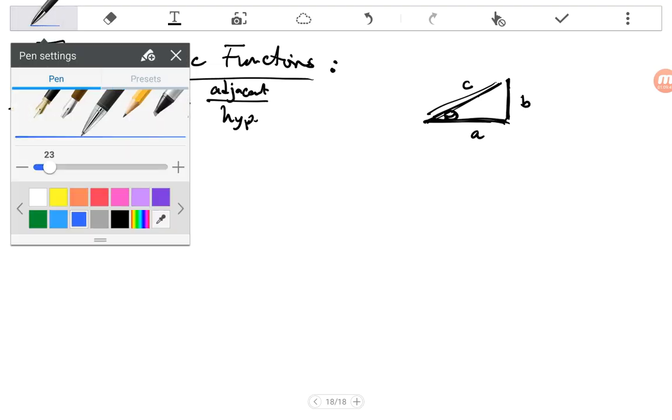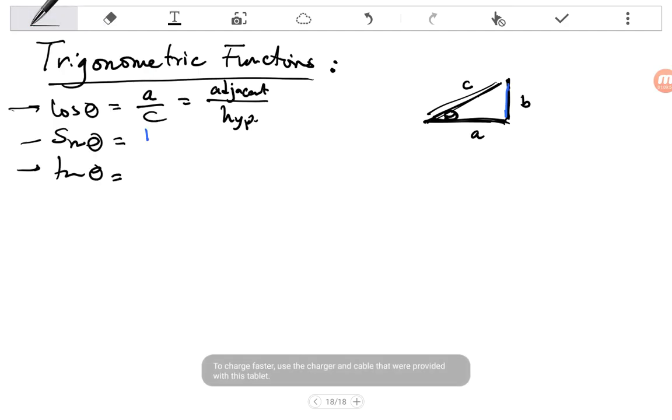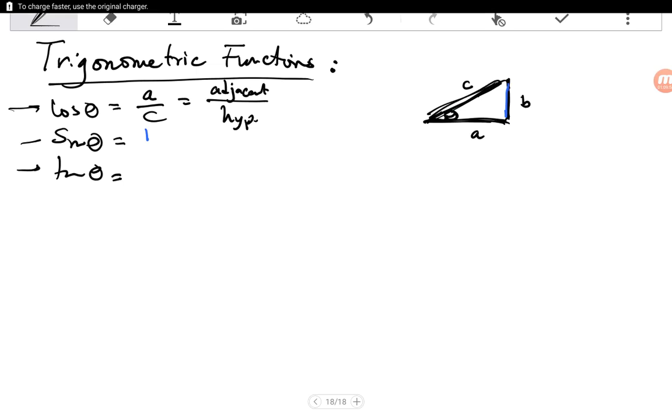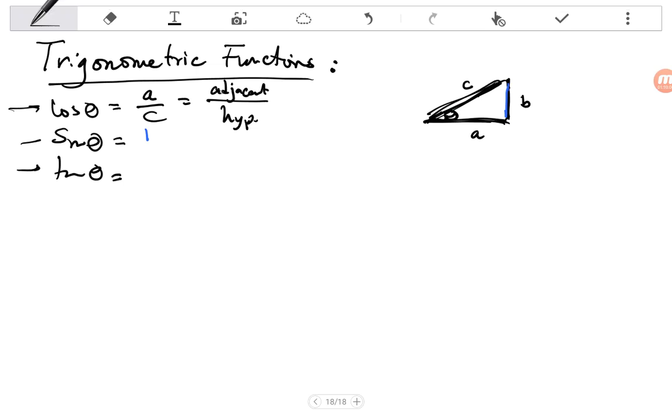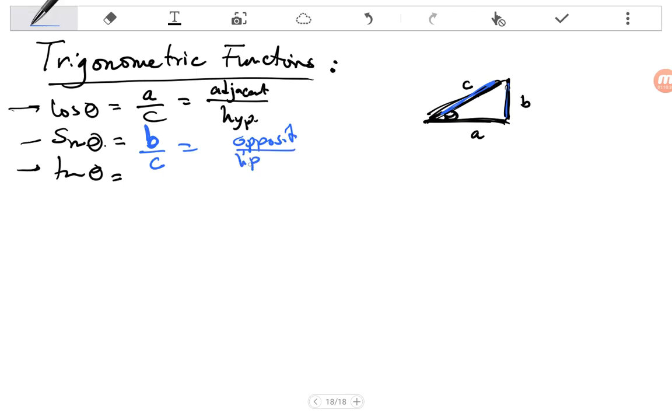What is sine theta? The hypotenuse is C. Sine is the opposite side, which is B, divided by the hypotenuse. So this is the opposite divided by the hypotenuse.